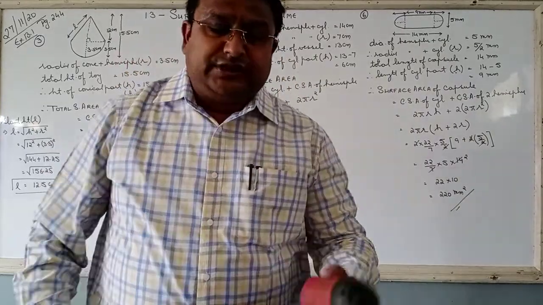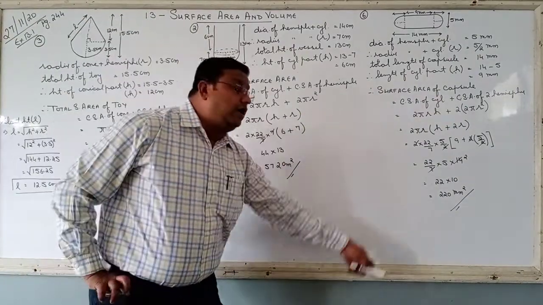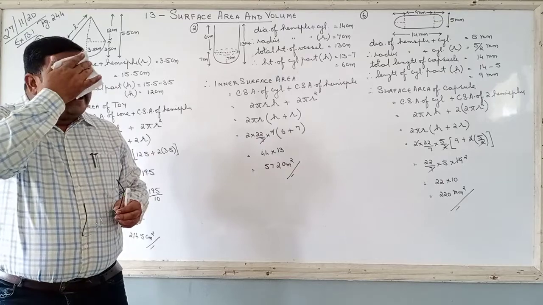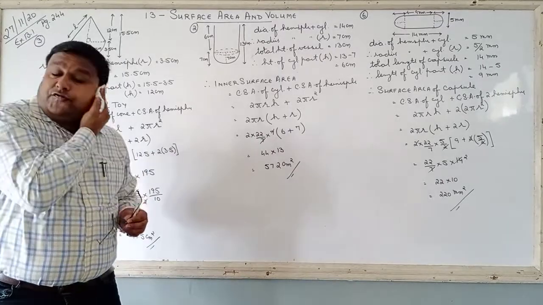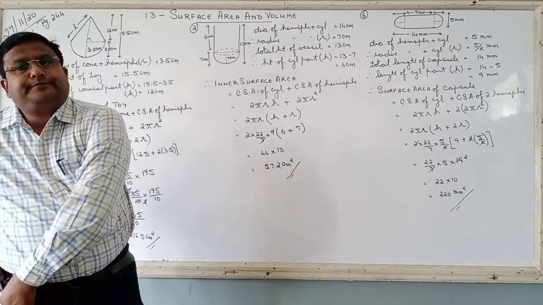Right, students? So you can see that these questions are not difficult, the calculations are not difficult. The only thing required is that you should have the correct formula. If you have the correct formula, you will not find any difficulty.